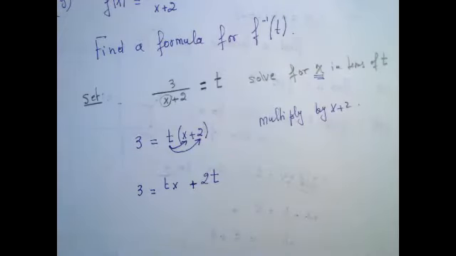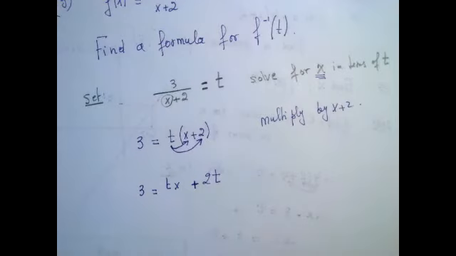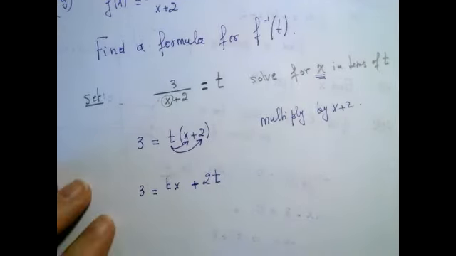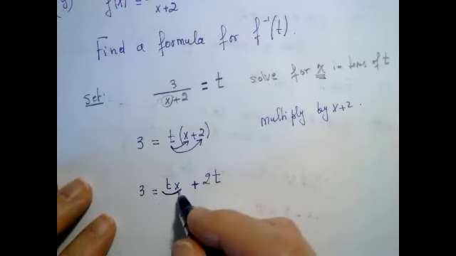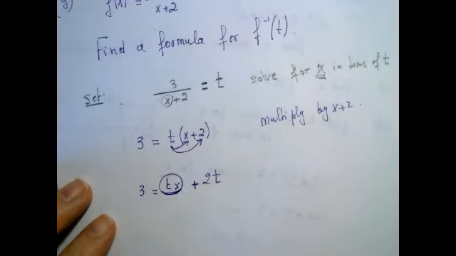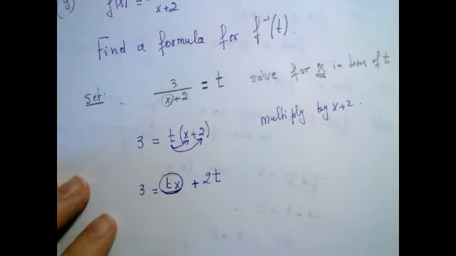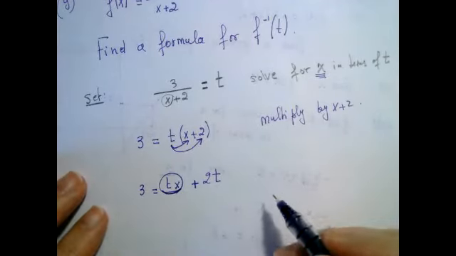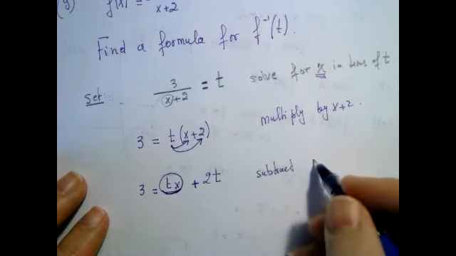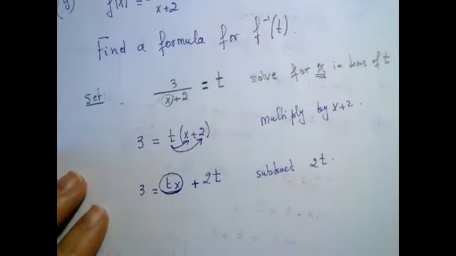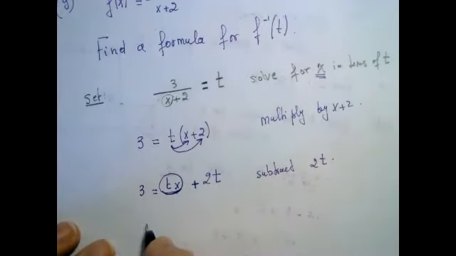I can divide by t, but, or you can do what? Remember, x is right here. So how can I isolate the term that has x in it? You can subtract 2t to the other side. Yeah, subtract 2t. This will make it much easier.